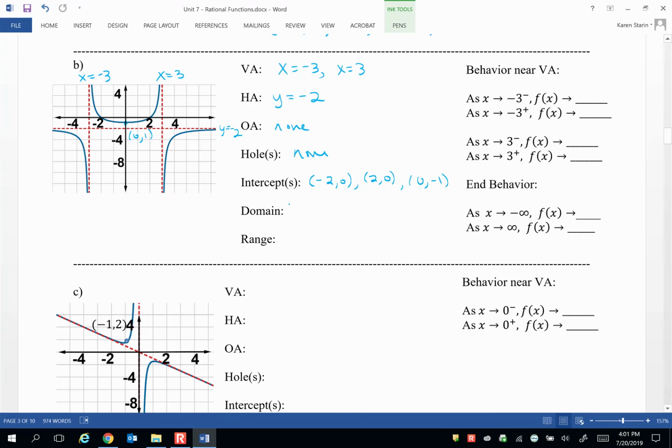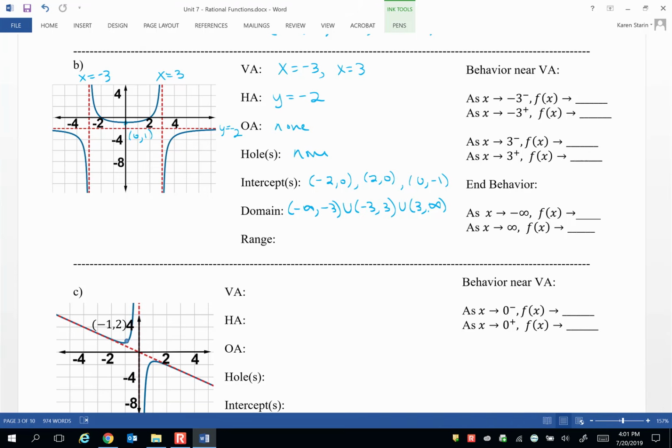So again, in interval notation, from negative infinity to the first vertical asymptote, jump over that with the union symbol and open up another interval, and then go to the next vertical asymptote. So I have negative infinity to negative 3, union negative 3 to 3, jump over 3 with another union symbol, and then we can go to infinity. So that's how we document the excluded values in interval notation.